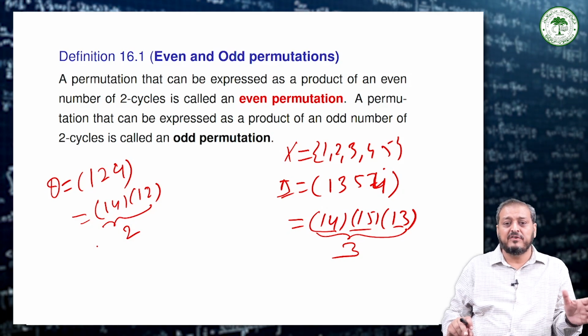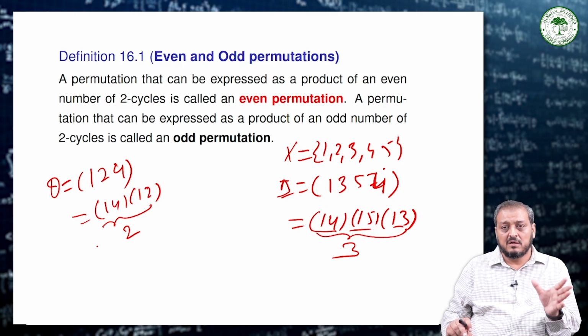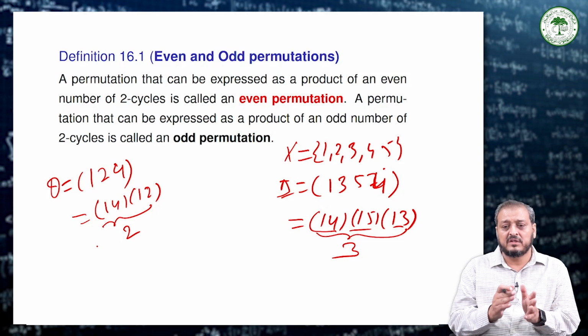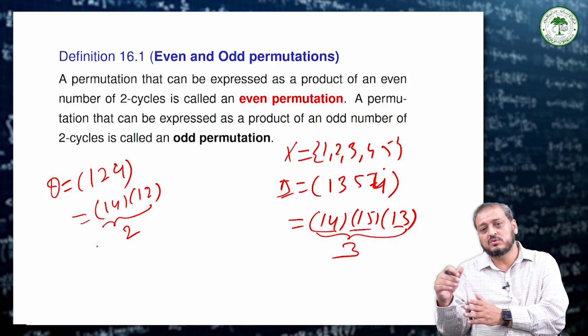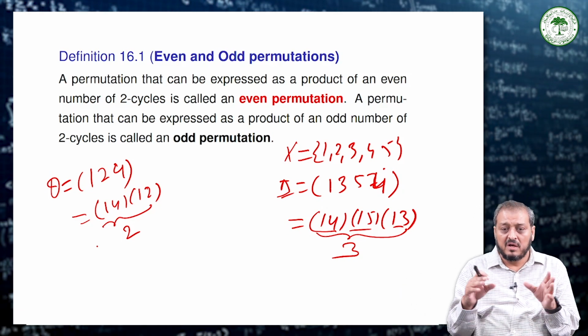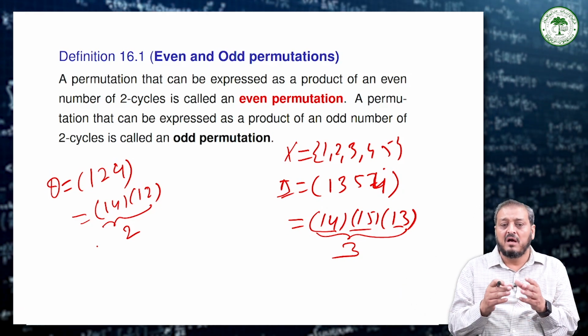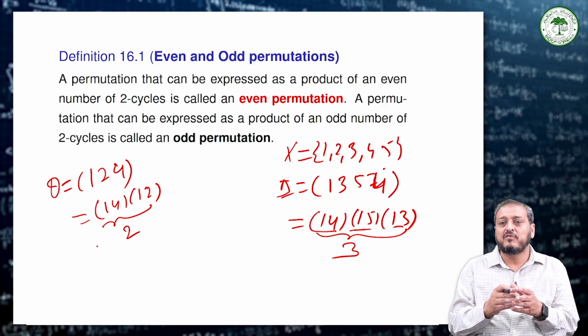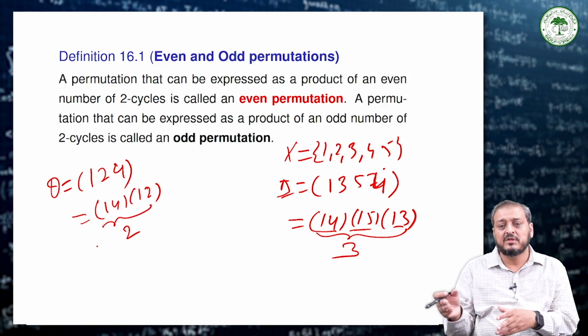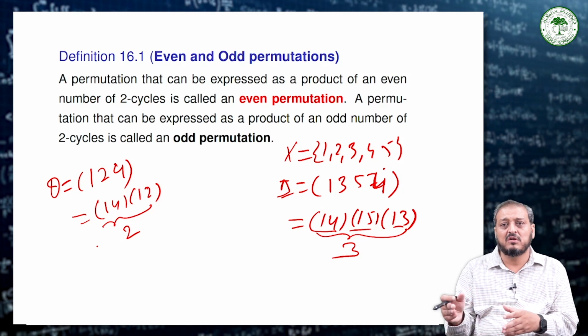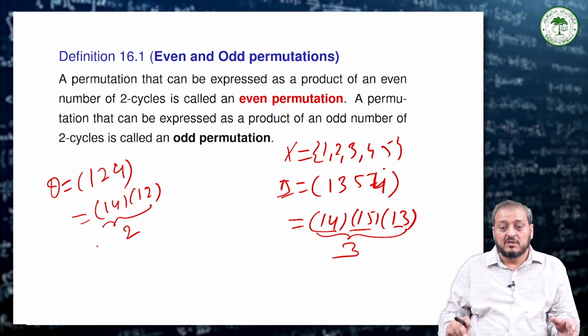Simple: all permutations in cyclic notation can be written in two-cycle form. If there is an even number of two-cycles, it is called an even permutation; an odd number of two-cycles is called an odd permutation.